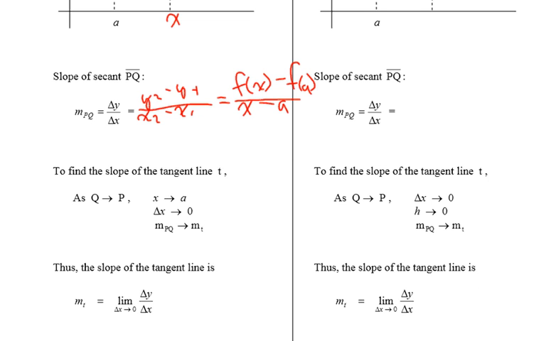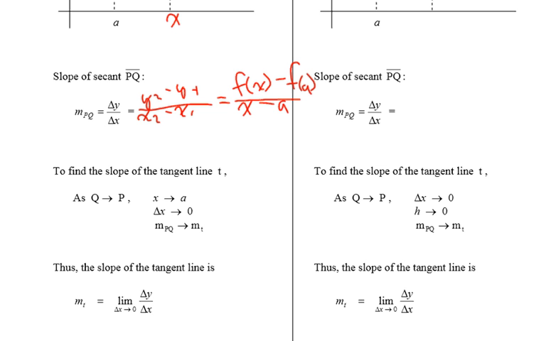Why is delta x approaching 0? Right, exactly. Those points are getting closer and closer together, approaching the point where there's no difference. The distance between those 2 points becomes 0.